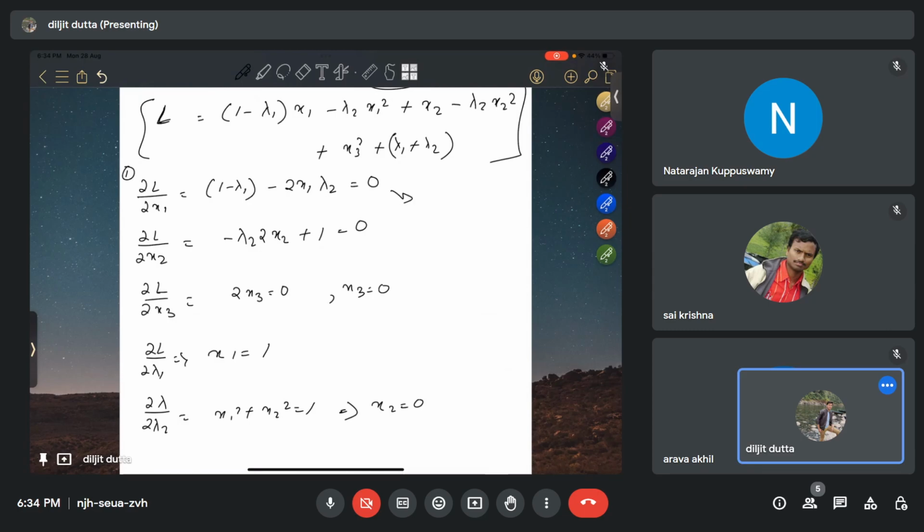From here we will get 1 minus lambda 1 minus 2 lambda 2 is equal to 0. And from here, if x2 is equal to 0, lambda 2 can take any value.